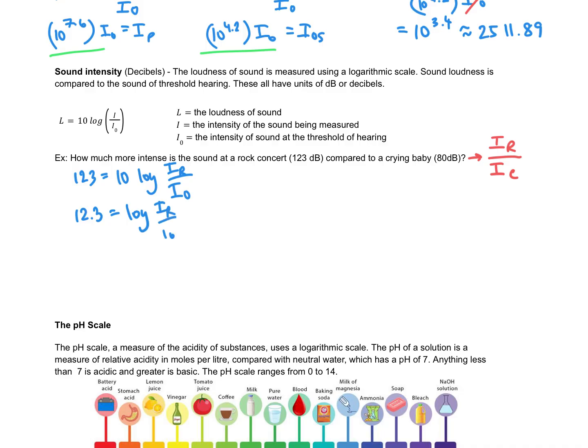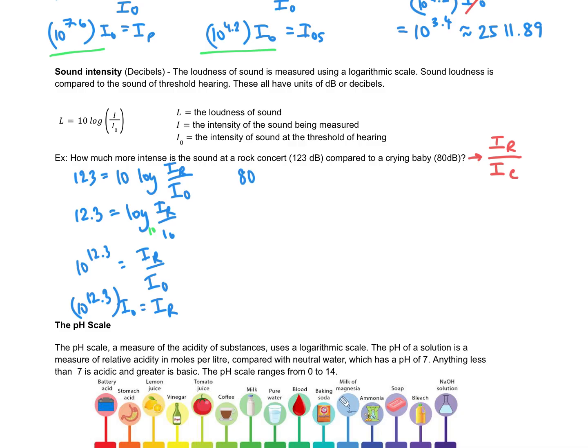Now, invisible base of 10, so this becomes 10 to the power of 12.3 equals the intensity of the rock concert over the intensity of the sound at the threshold of hearing, and now we'll multiply both sides by that threshold. And I'll keep that to the side, and now I'll do the same thing for the crying baby.